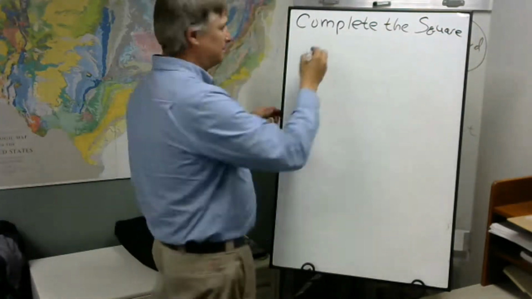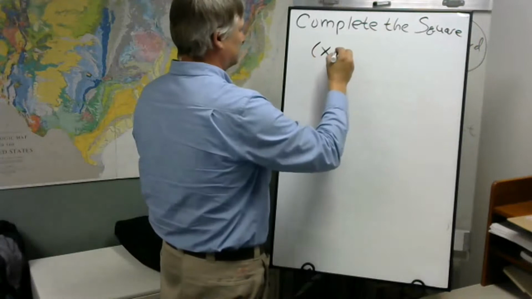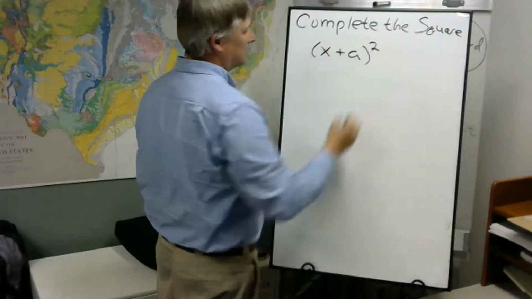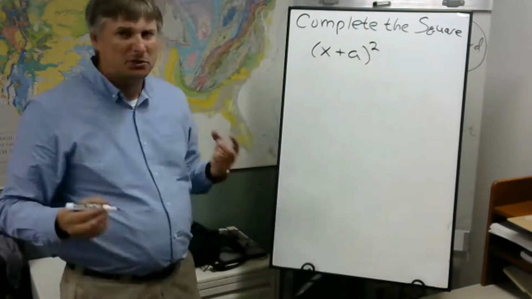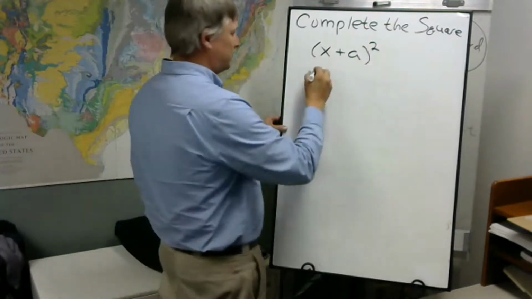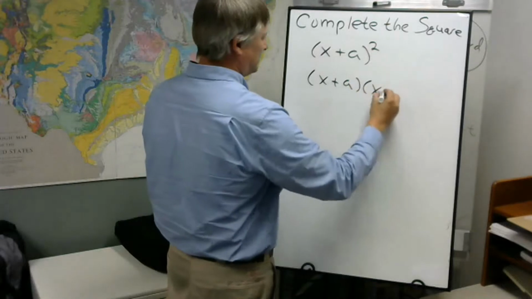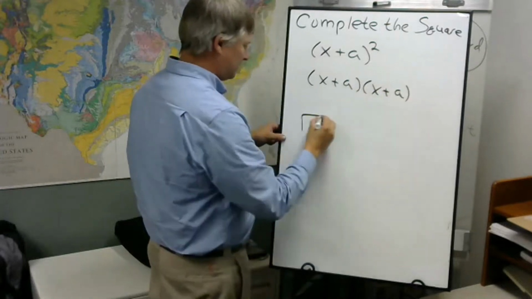Let's say we have this. If we square this, we get x plus a times x plus a.